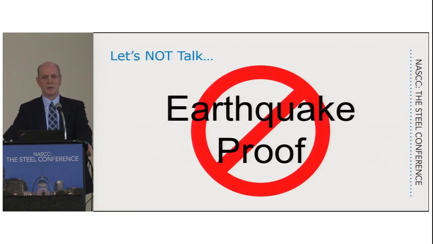But the first thing I want to make clear is that building codes do not make buildings earthquake proof. We need to remove that from our seismic language. I have heard that way too many times from the public, thinking that the building code makes their buildings earthquake proof.